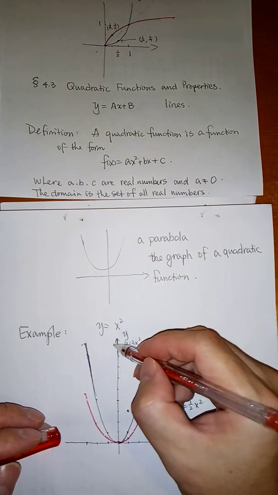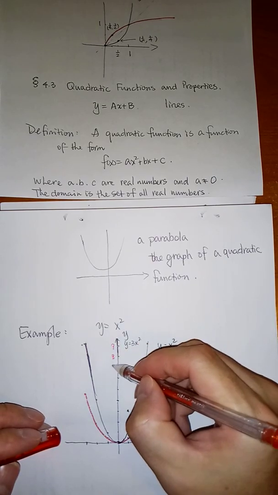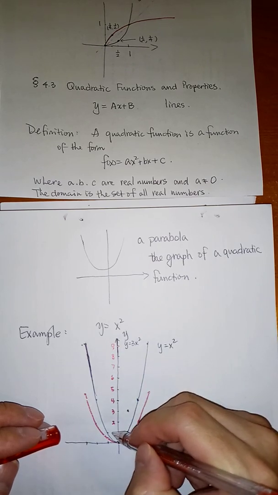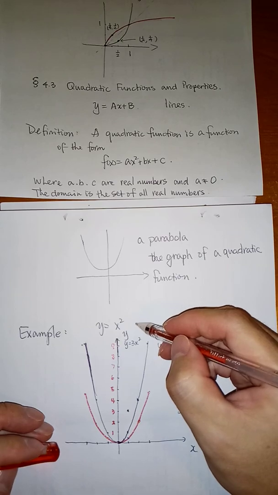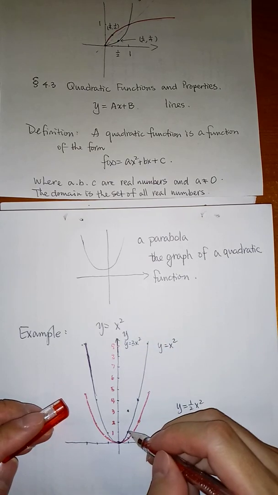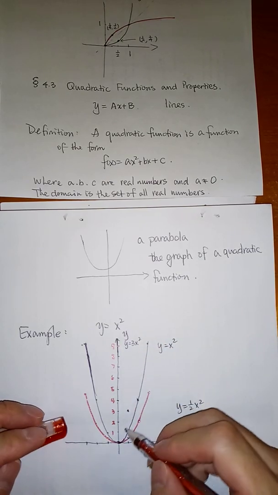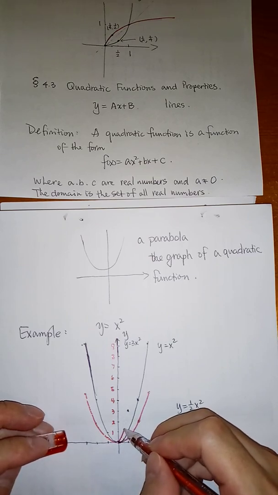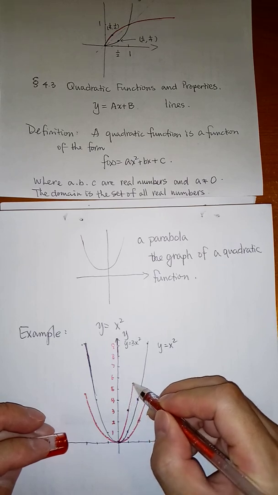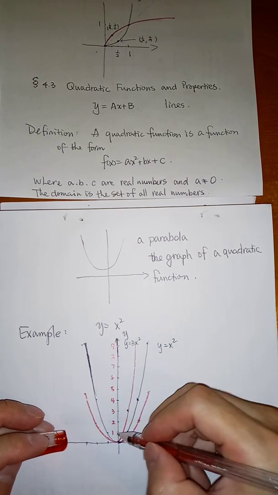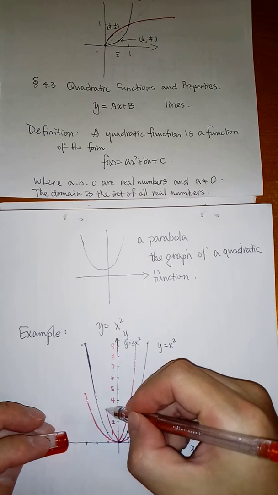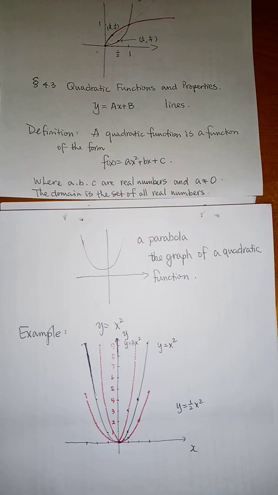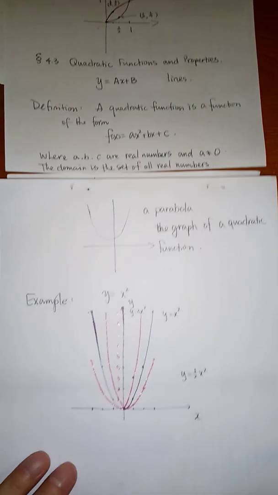Our highest label is 9, so 12 is too high. If we want to demonstrate, it's possibly like this. It's again an even function. So that's the graph y equal to 3x squared.